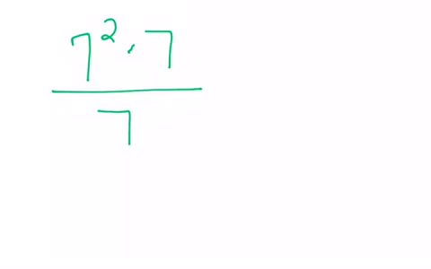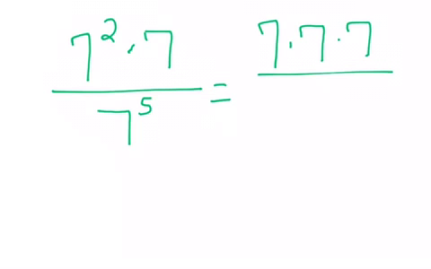So we'll do one more. We have 7 to the 2nd power times 7 over 7 to the 5th power. So 7 squared is the product of 2 7's. Then we have the other 7 that's there. Then we have the product of 5 7's.